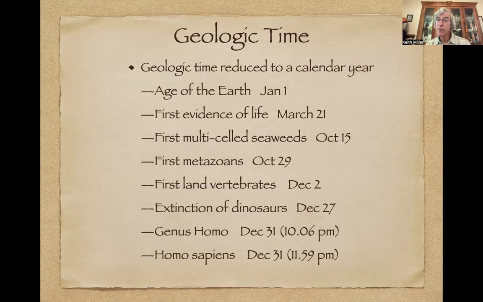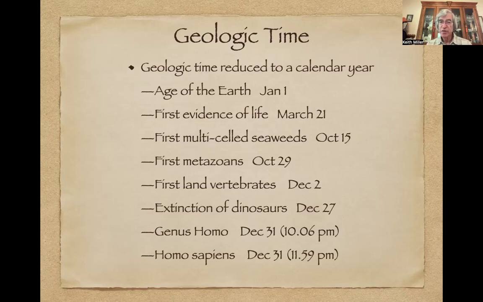The first land vertebrates, so the very first amphibians, December 2nd, last month of the year. Extinction of the dinosaurs, December 27th, only 4 days from the end of the year.